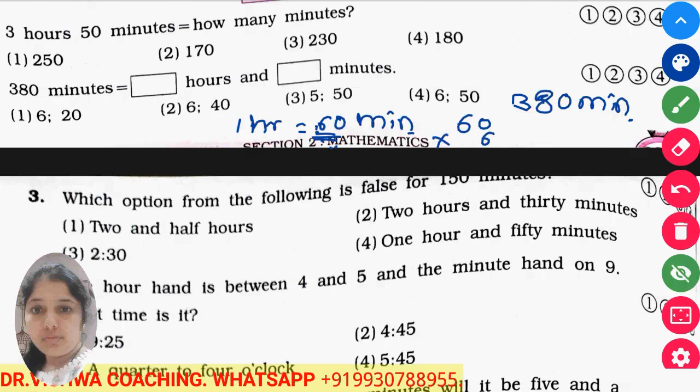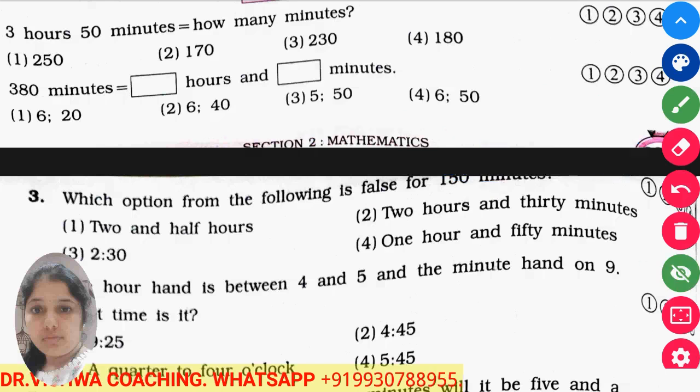So 60 multiplied by 6, 6 zeros are 0 and 6 6s are 36, so it becomes 360 minutes. Okay. Now I subtract this 360 minutes from this 380 minutes. So how many minutes remaining? 20 minutes. So I have 6 hours and 20 minutes.